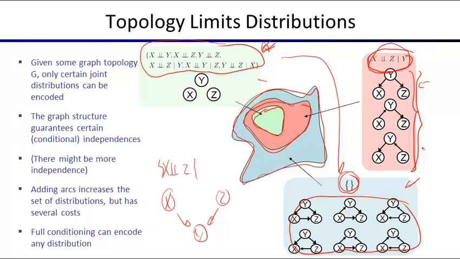You might prefer one over the other because it's easier for you to draw one and to come up with the conditional probability tables associated with one structure than with another. But mathematically, they're equally powerful in terms of expressing a joint distribution. So whenever we give you a distribution and ask what the corresponding Bayes net structure is, if it falls into this category, all these 3 choices are essentially equally good.